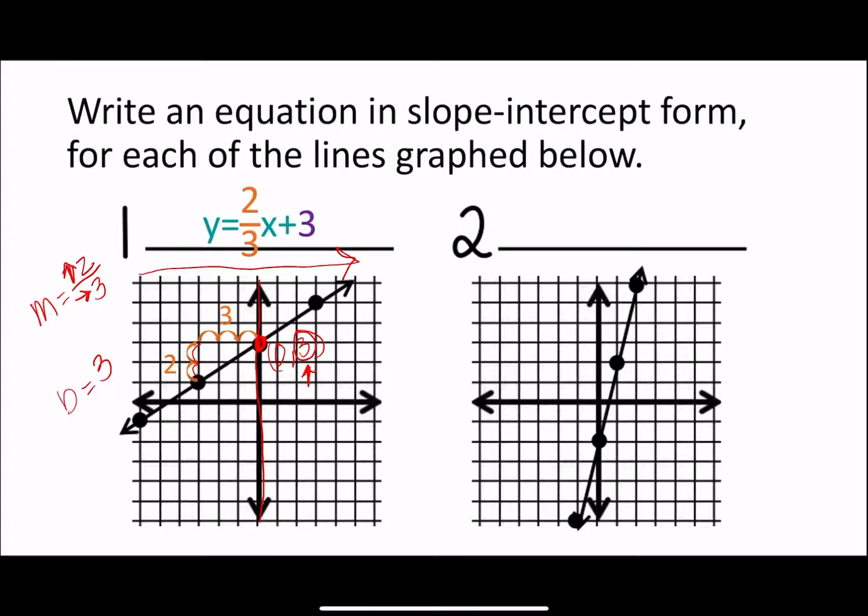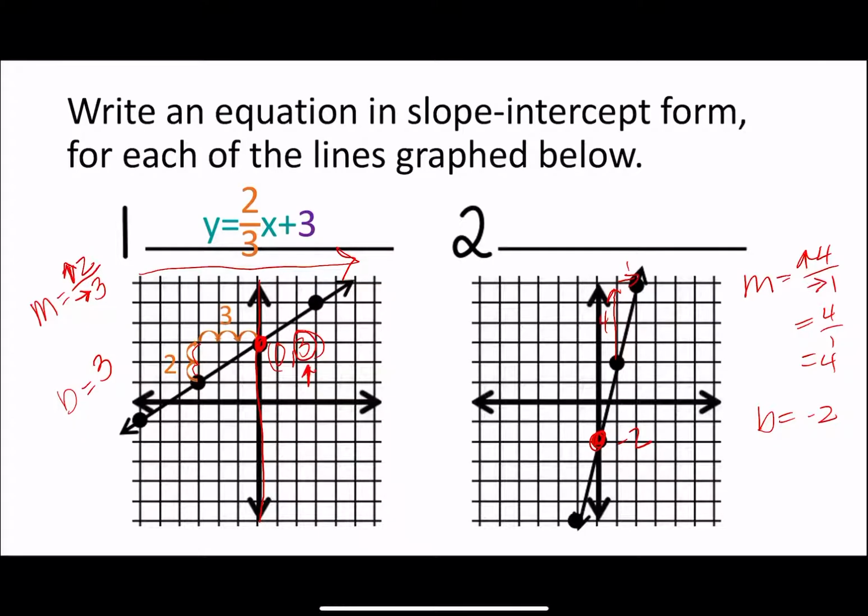All right, so let's do number 2, and we're going to go faster. Right, so notice we're going up 4, always to the right 1. And our y-intercept right here is a -2. So my m is up 4, to the right 1, which becomes 4 over 1, which is really just 4. And our y-intercept is at -2.